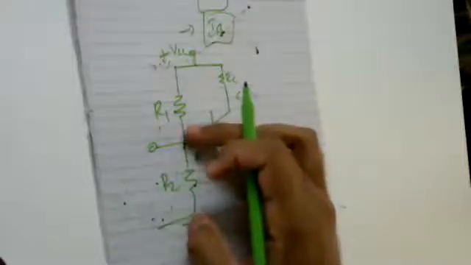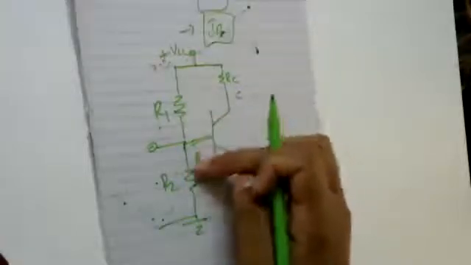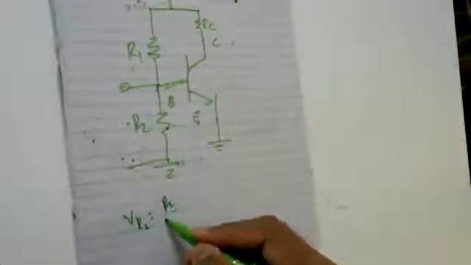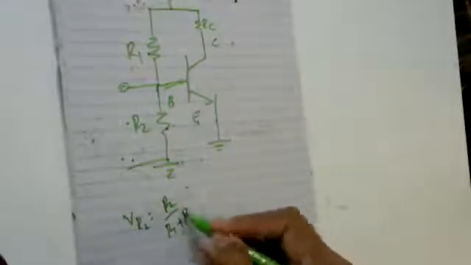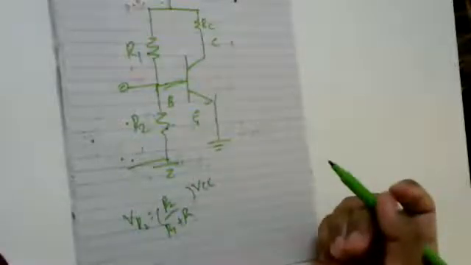VR2 is equal to R2 divided by R1 plus R2, into the source because of which the same current I is going to flow, which is nothing but VCC. So this equation I'm employing.